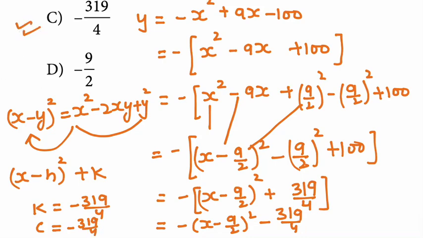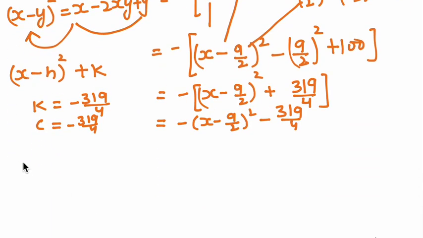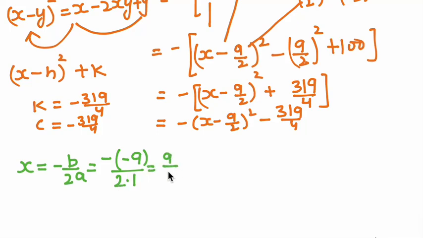Now let's go with the second method, the direct formula, which is the best method. In that case, the direct formula is x is equal to negative b by 2a. Now in our question, this is the formula sign negative, and b is negative 9, divided by 2 times a, which is 1, so 9 by 2.